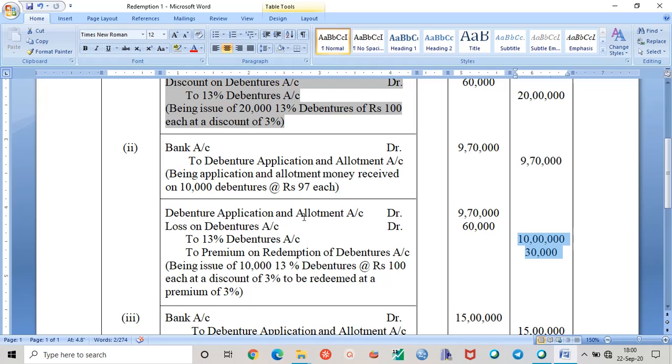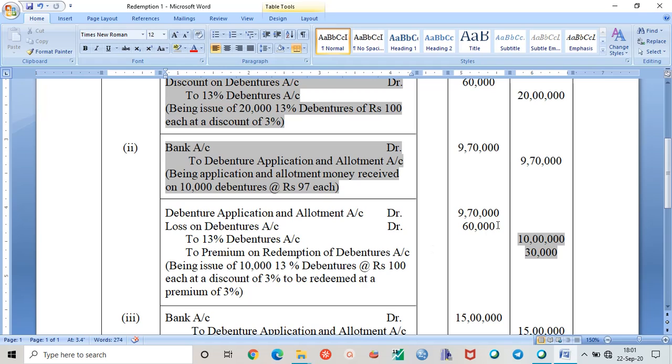The debentures are also issued at a discount. So when we transfer the debenture application and allotment account, the second entry will be: debenture application and allotment account debit, loss on debentures account debit, to 13% debentures account, to premium on redemption of debentures.